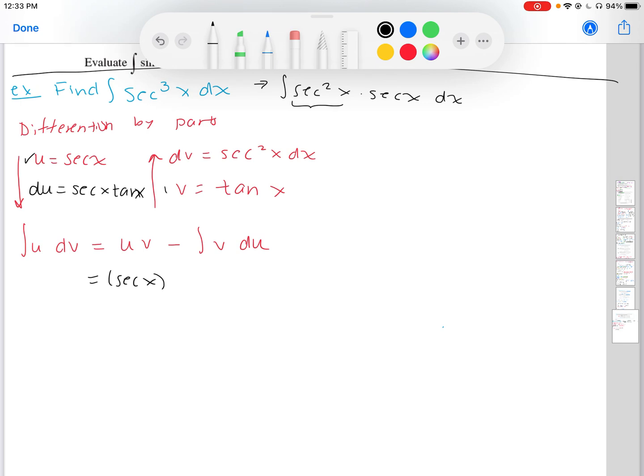Our v is tangent, minus the integral of v, tangent of x, and our du is secant times tangent.